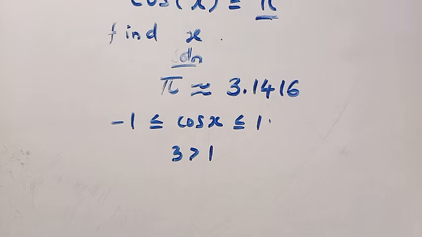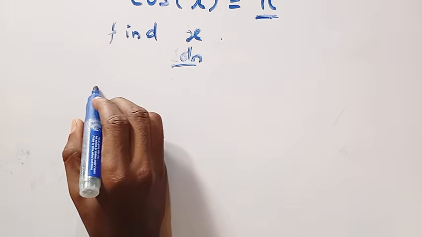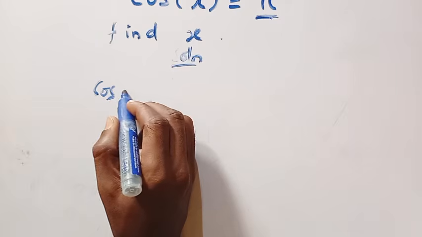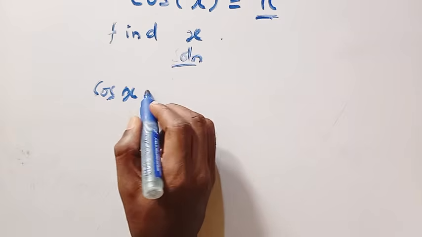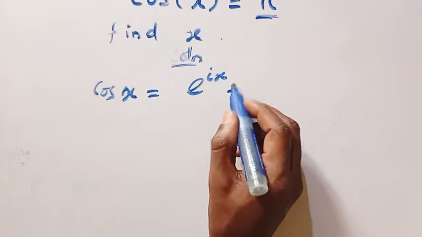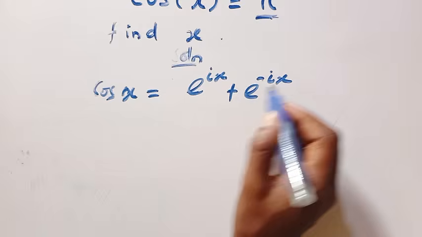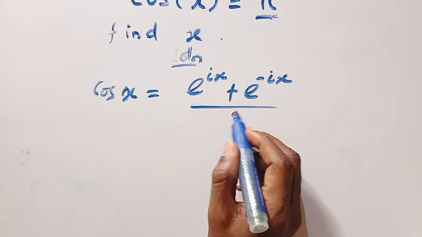Let's look at whether we can get a complex solution for this. Actually, we can solve this in a complex space. Let's recall that cos x equals e to the power of ix plus e to the power of minus ix, divided by 2.